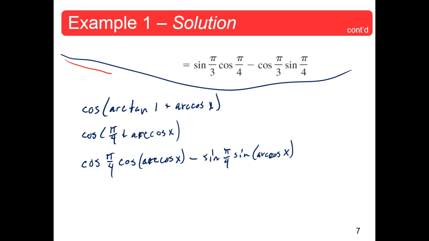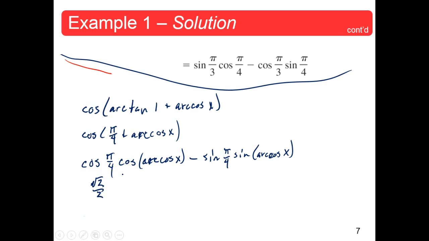What would be your hypotenuse then? Because tangent is 1, the opposite equals the adjacent. 1 and 1, that would be easy. What would be the hypotenuse? Square root of 2, right? That's your angle pi fourths. So what's the cosine of that? Square root of 2 over 2. Perfect. So this will be square root of 2 over 2.